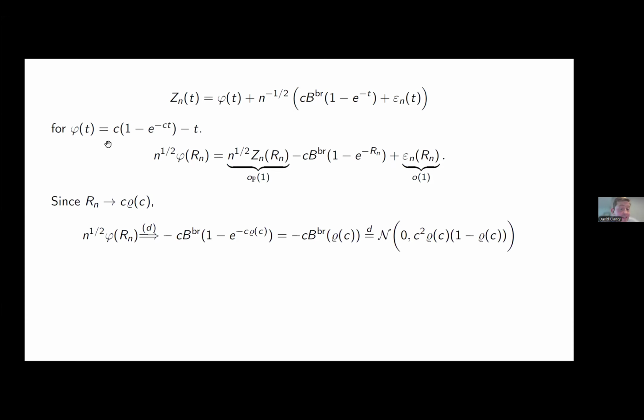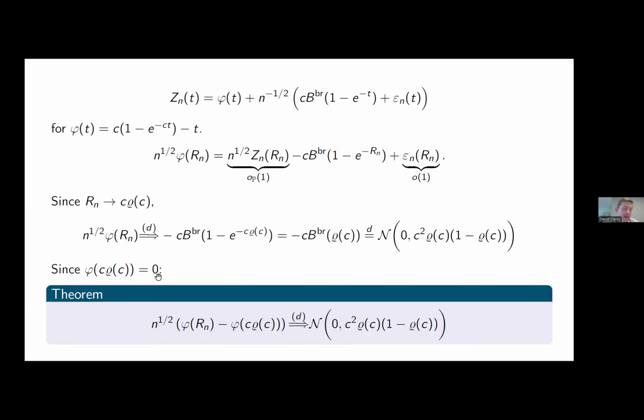And since C rho of C is a fixed point, since Rn converges, we have a weak law of large numbers for the value Rn. So after another application of Skorokhod representation, we can assume it holds almost surely. So Rn converges to this constant C times rho. And this now gives us the square root of n fluctuations of phi of Rn, and it converges to some explicitly computable Gaussian random variable.